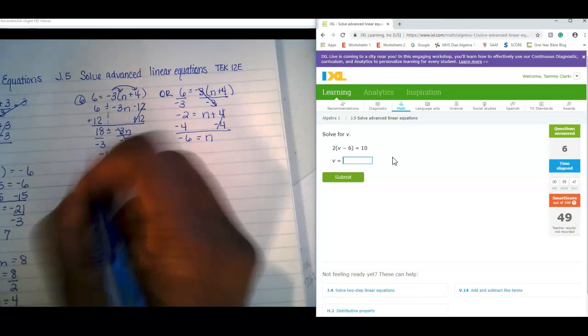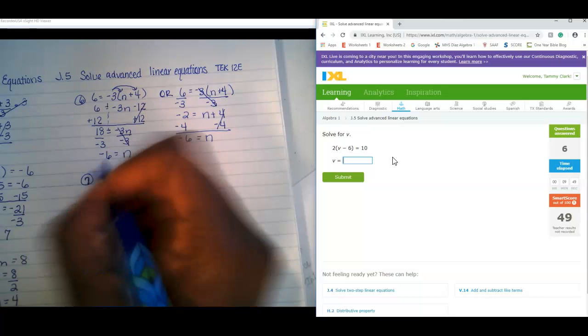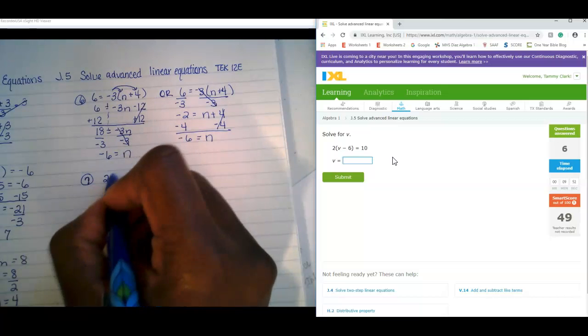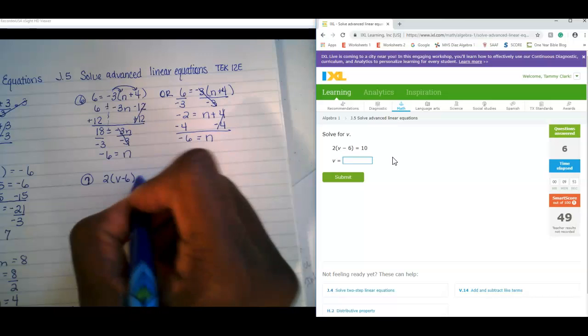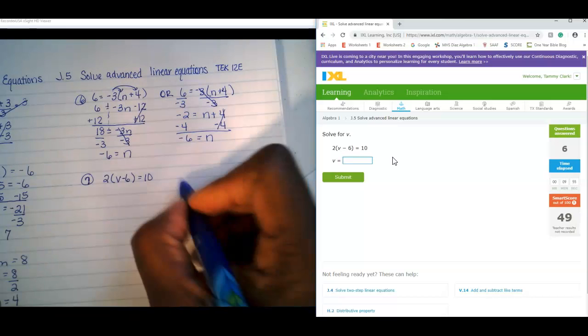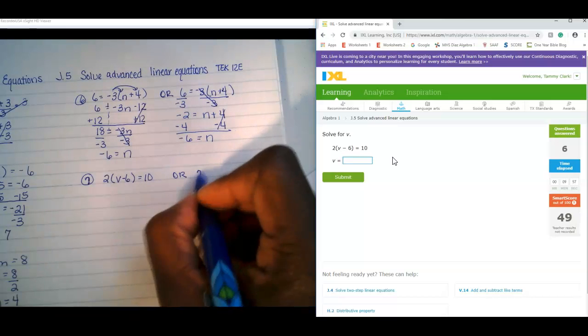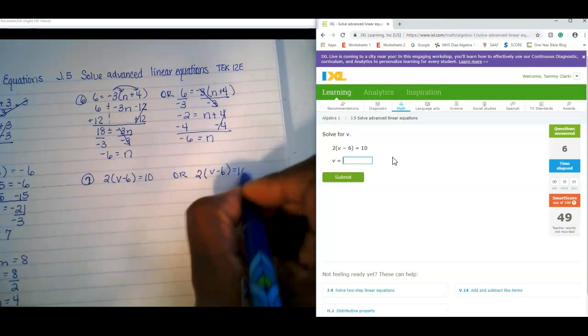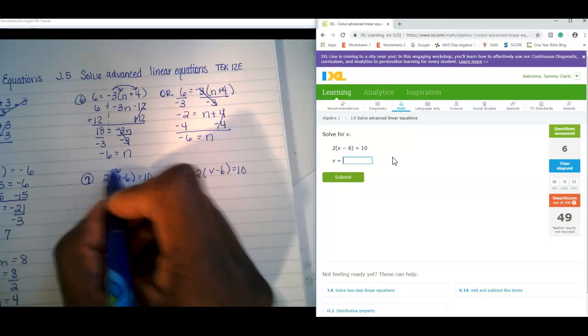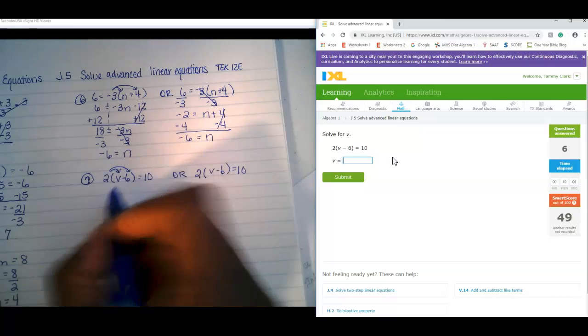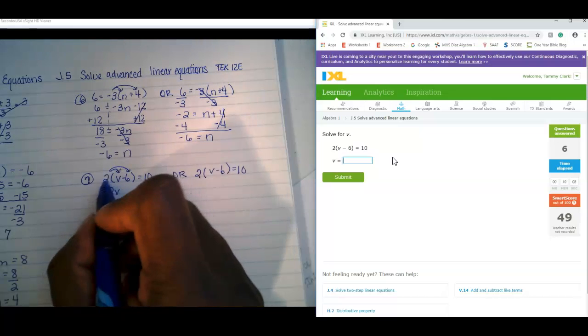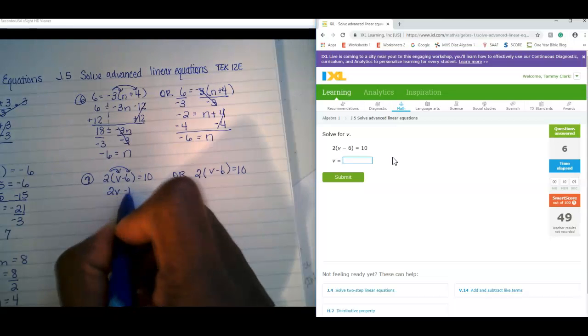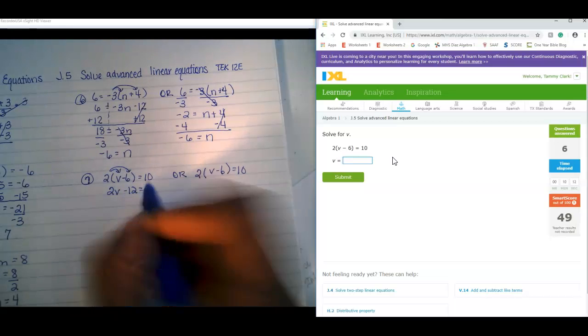So for number 7, we've got 2 multiplied by v minus 6 equals 10. I'm going to do the or over here as well. 2(v minus 6) equals 10. Here I'm going to distribute. So 2 times v is 2v. 2 times negative 6 is negative 12 equals 10.